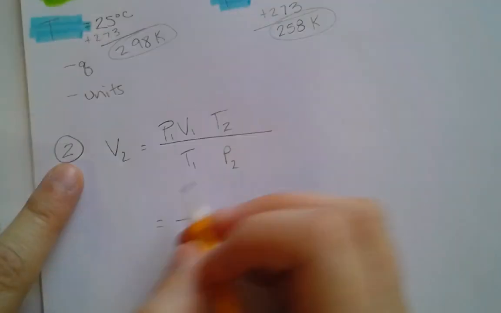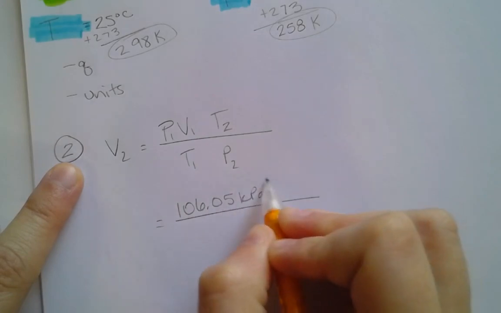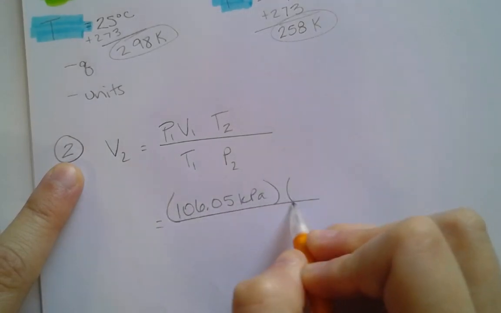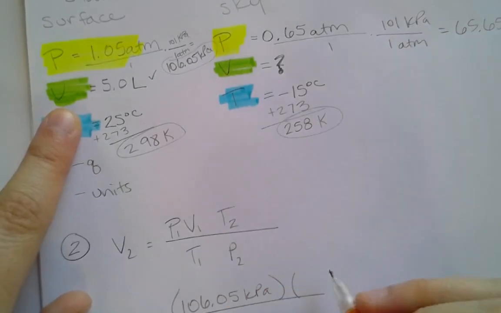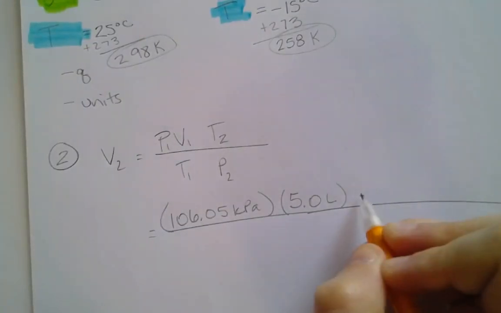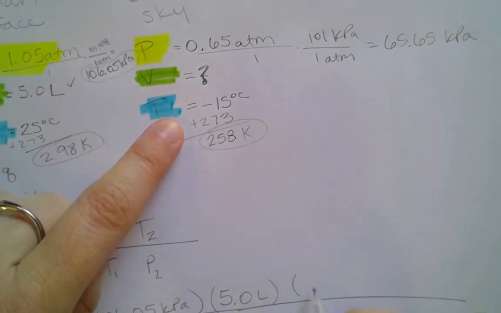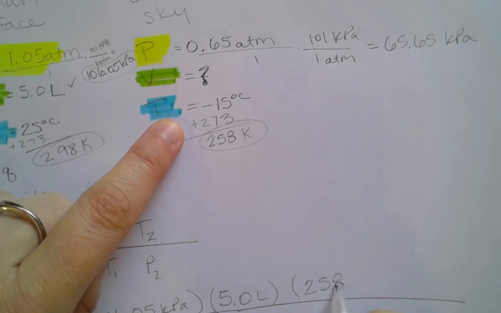Starting pressure, 106.05 kPa. Starting volume, 5 liters. Ending temperature, up in the atmosphere, 258 Kelvin.